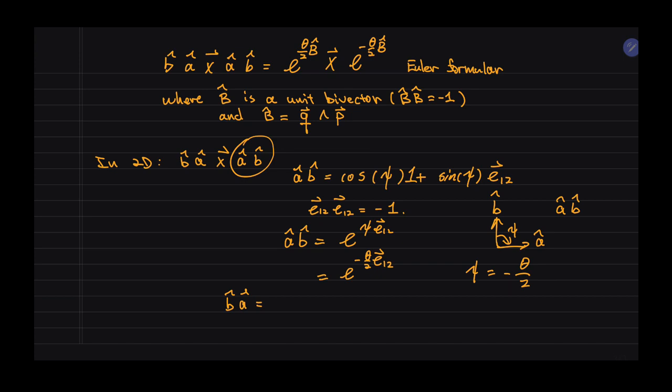I already assume that you know this. So here, B hat, A hat, we will use a similar argument. Then we end up with E to the theta divided by 2 and E12.